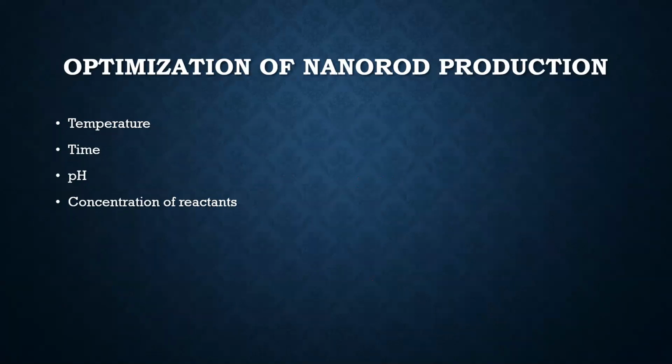The end results of seeded growth, size and shape distribution of the nanoparticles, and therefore their optical responses, are sensitive to every ingredient and parameter that can be altered. The fundamental parameters that we have tackled are temperature, time, pH, and concentration of the reactions.